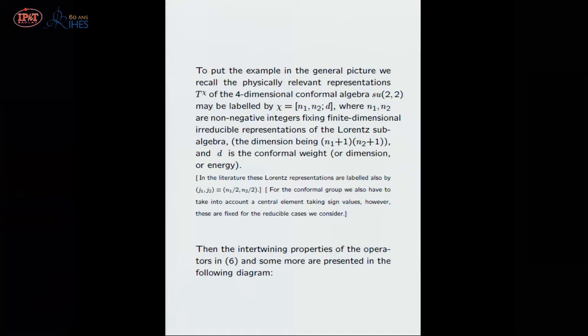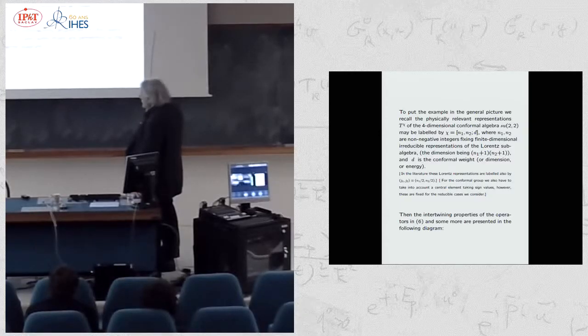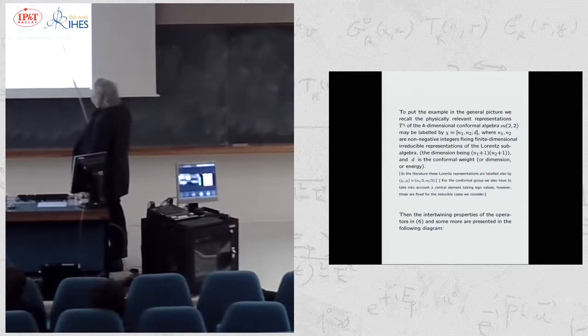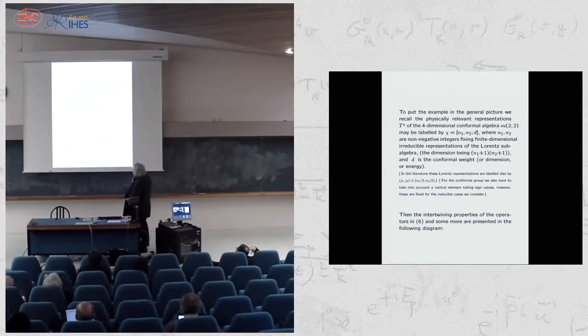Now, of course, we have to make a real connection with the representation theory, and that's why we have to remind that the four-dimensional conformal algebra, which was mentioned heavily in the first 2 talks, SU(2,2), its representations are labeled by 3 numbers, N1 and N2.